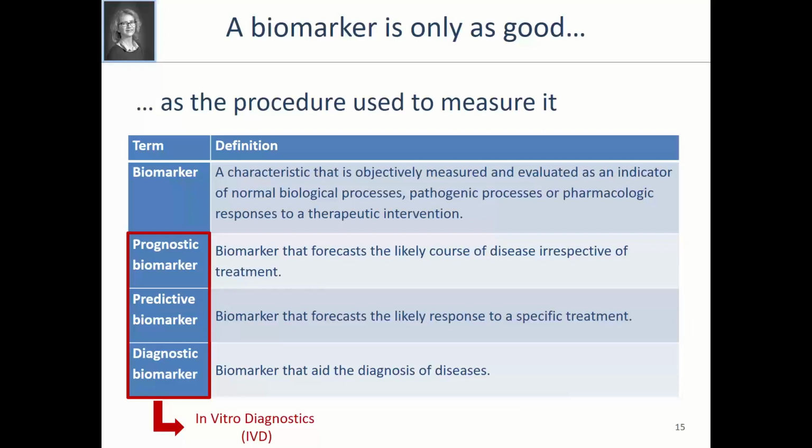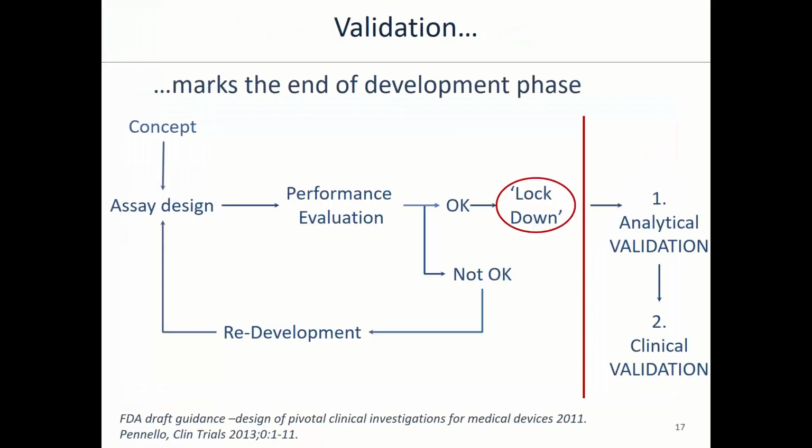The one thing I want to say before diving into the validation process is that when I talk about validation, it's really in the regulatory sense. It's validation of a test of an IVD as part of the regulatory trajectory towards the registration and marketing of the product.